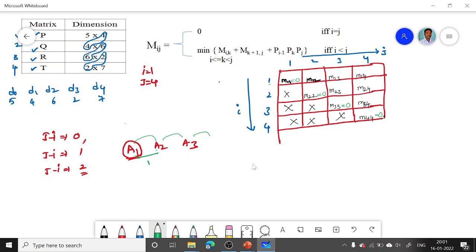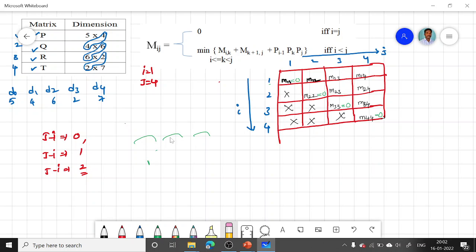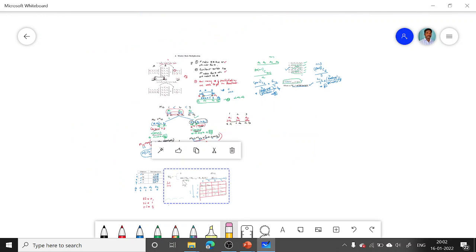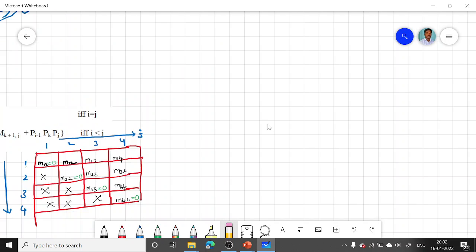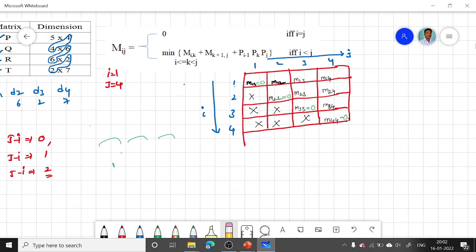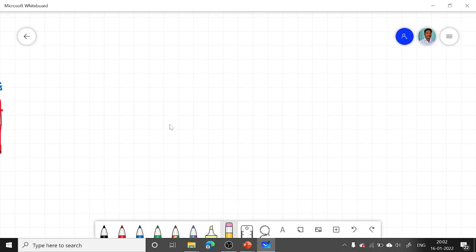You must apply this formula. Okay, so you will write the formula for it.